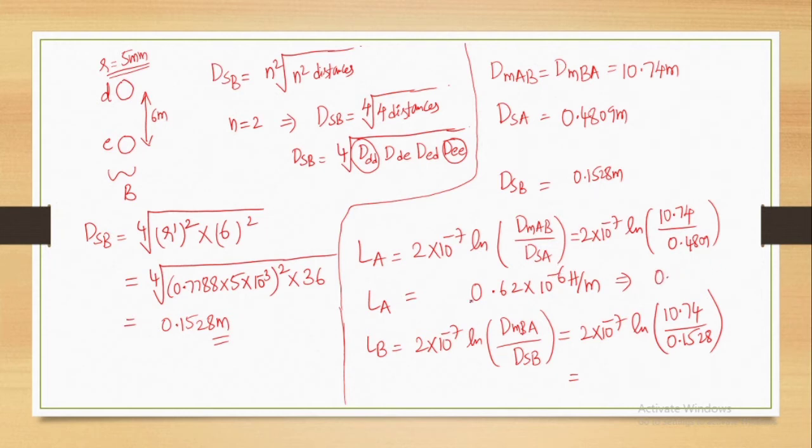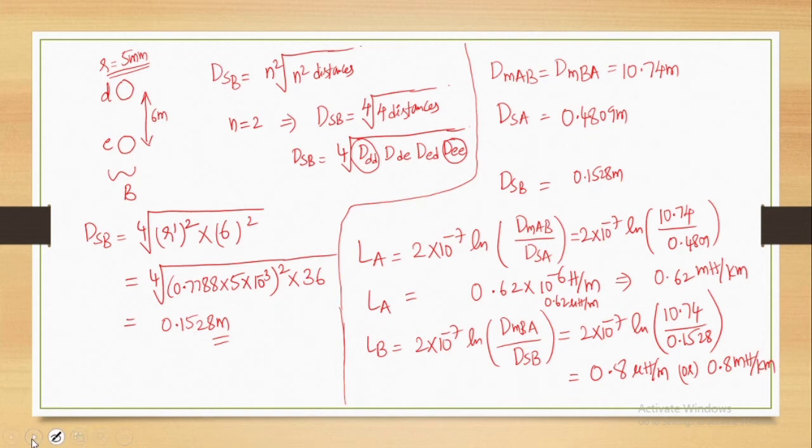So you can write this as 0.62 microhenry per meter or 0.62 millihenry per kilometer. Similarly, if you evaluate LB, you will get 0.8 microhenry per meter, or you can also express this as 0.8 millihenry per kilometer, right?